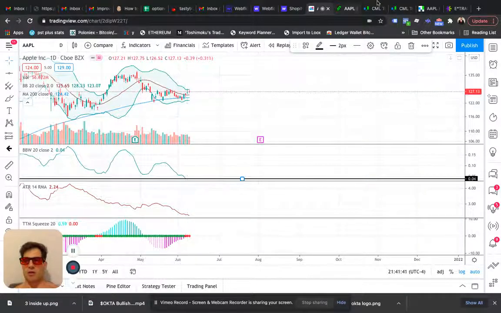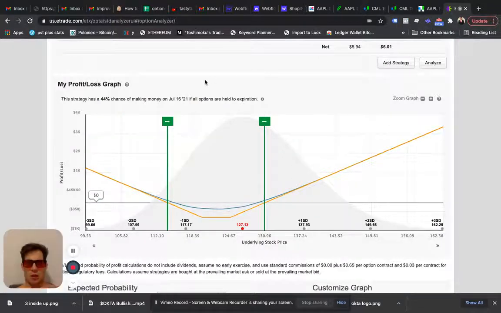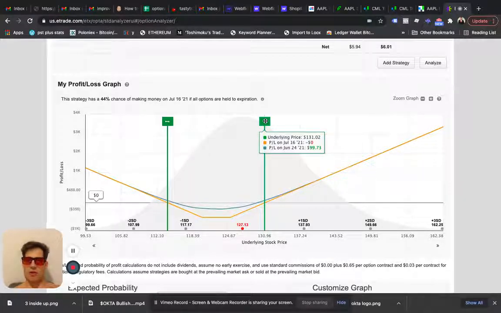Let's look at what that looks like in E-Trade, just a little profit and loss visualization graph. We will make money to the upside if we hit the 131 mark on expiration. The yellow line is the P&L upon expiration, and the blue line is the P&L before then.